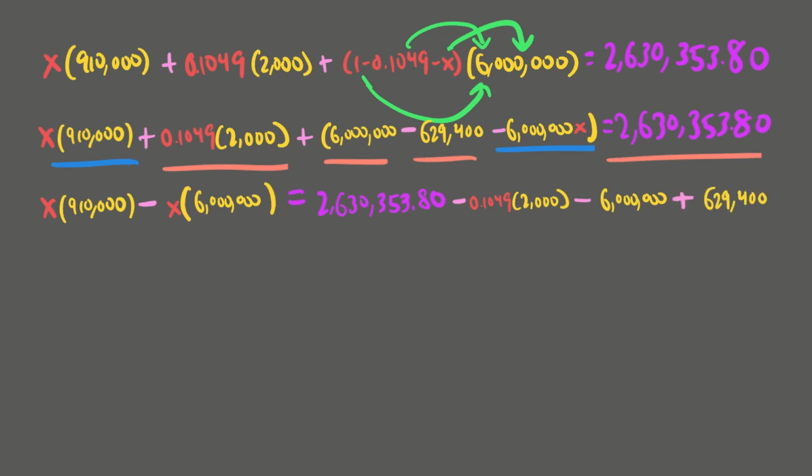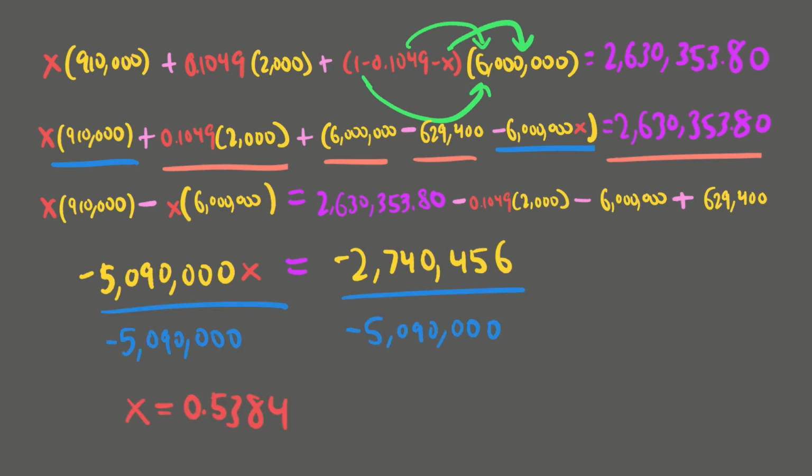We simplify both sides of the equation to get negative 5,090,000x equals negative 2,740,456. X equals 0.5384. Since z equals 1 minus 0.1049 minus x, z equals 1 minus 0.1049 minus 0.5384 equals 0.3567.